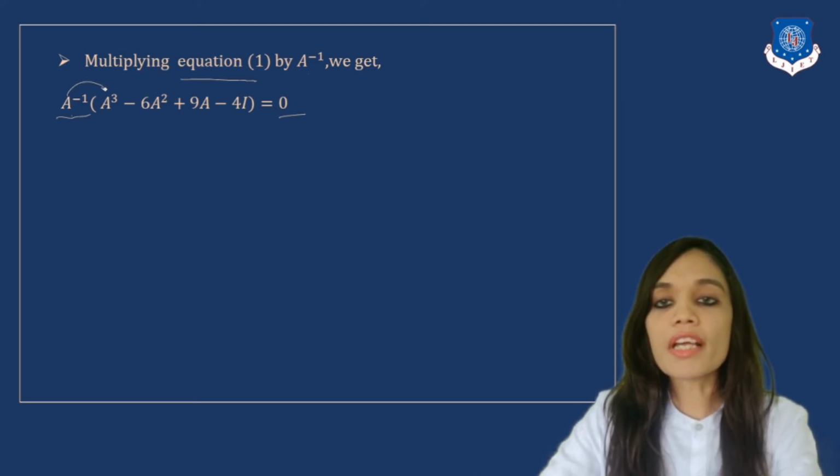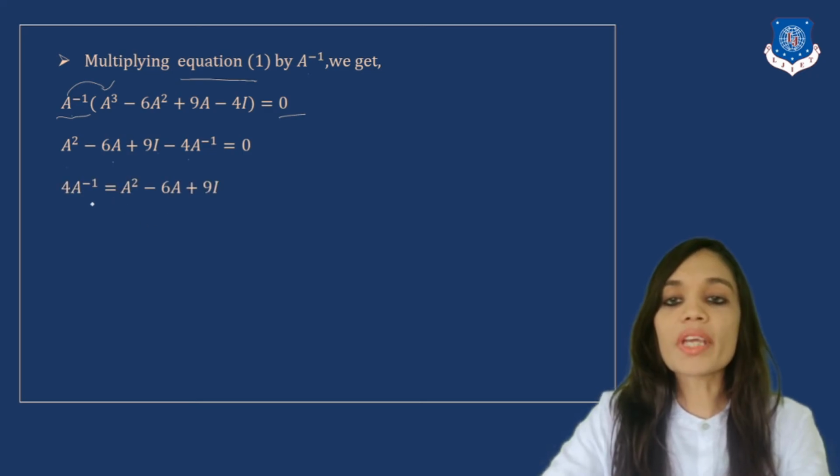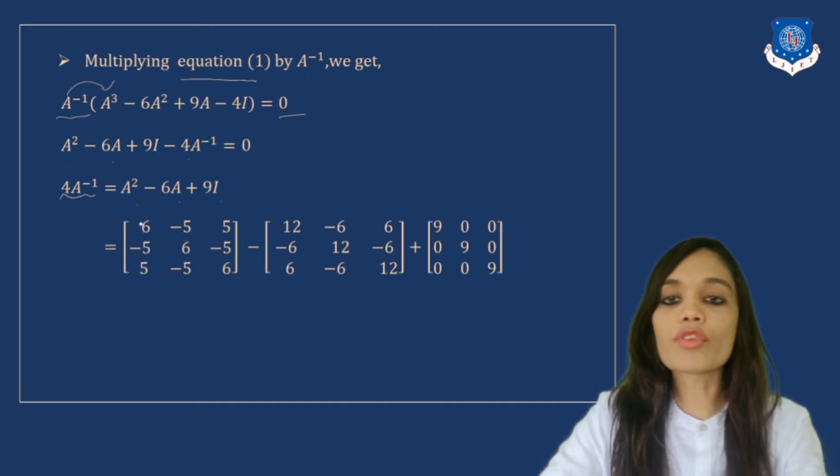So now multiply, and you will finally get A square minus 6A plus 9I minus 4A inverse equals 0. Okay. Now you have to make the subject 4A inverse. So 4A inverse will be equal to A square minus 6A plus 9I.